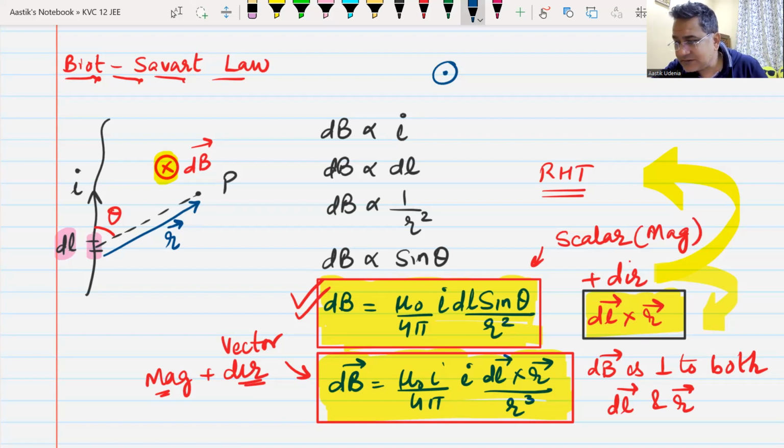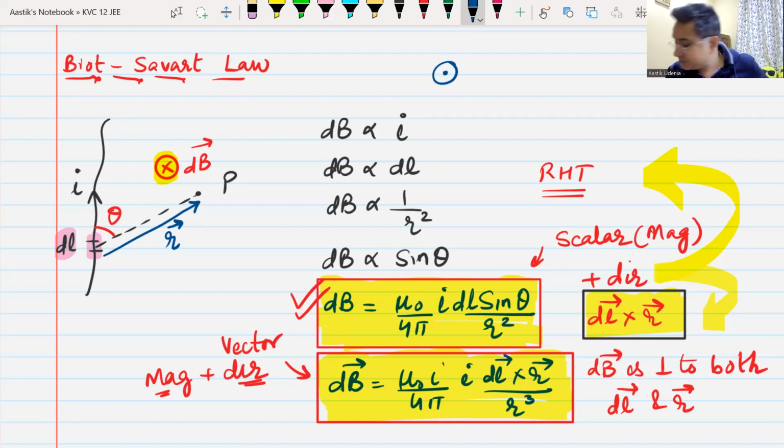So if you see a cross, that means something is going away from you. Do you understand how I found the direction of the magnetic field with the right hand thumb rule? Yes or no? The right hand thumb rule gives us the direction of the magnetic field.